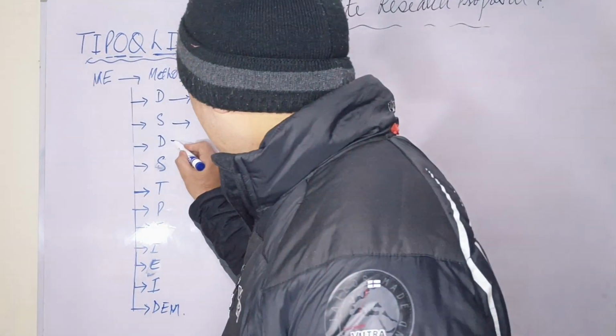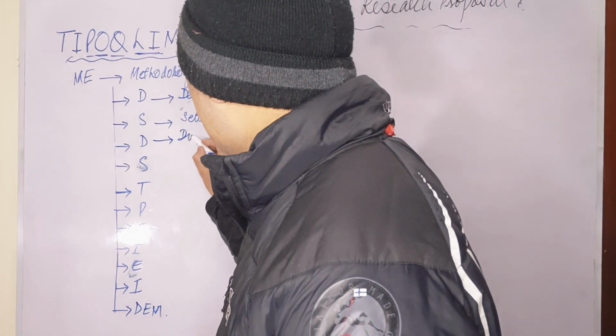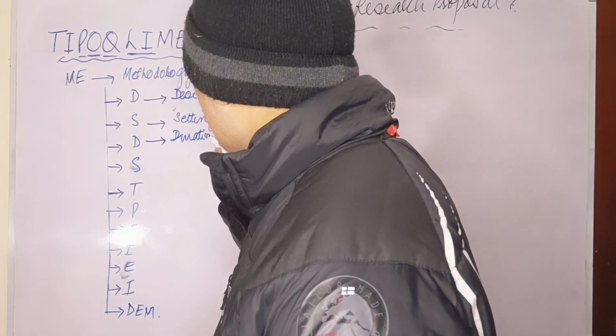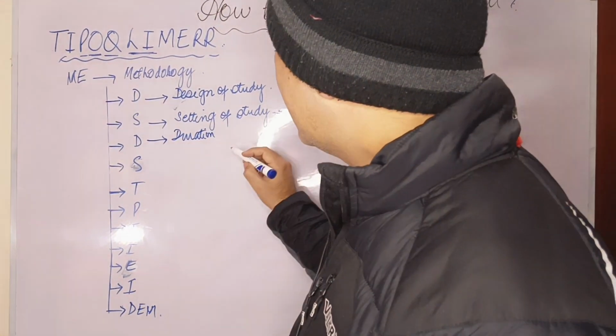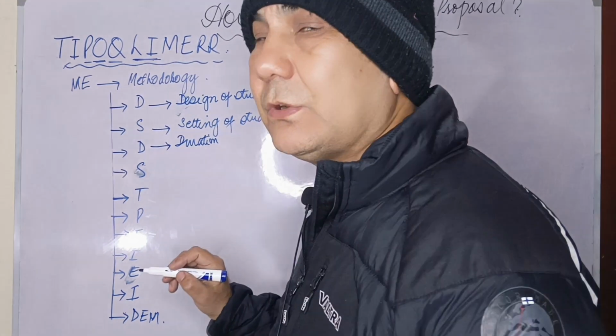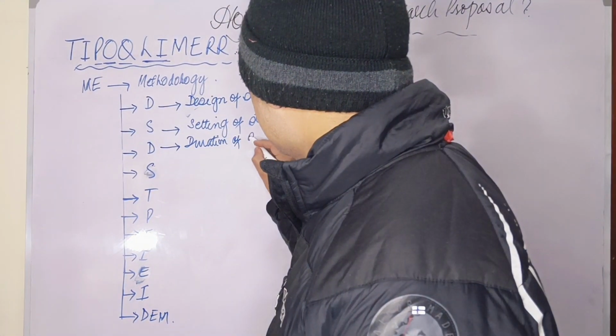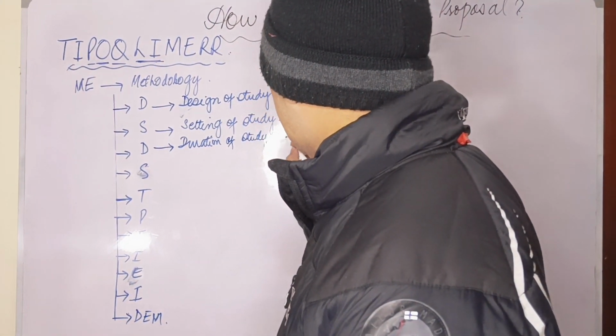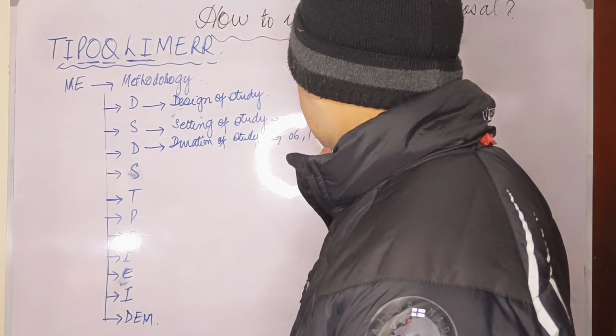Okay, and the D is for the duration. You should write down in your research proposal the duration of your study or project. It may be 6 months, 1 year, or 2 years.